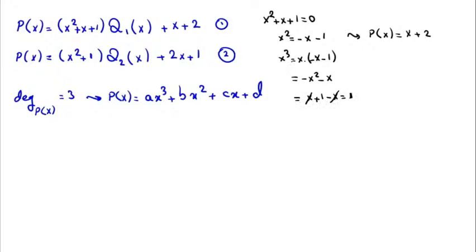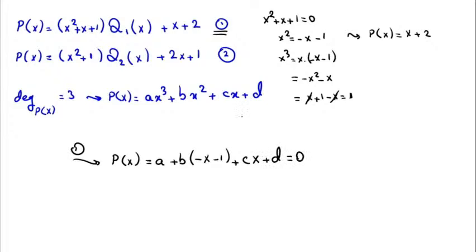Now we understand x cubed is 1 in this case, so let's analyze all these things from this equation. If we analyze 1, p of x will be what? X cubed is 1, so it will be a, plus b times x squared, which is negative x minus 1, plus cx plus d, equal to 0, equal to x plus 2, the remainder.